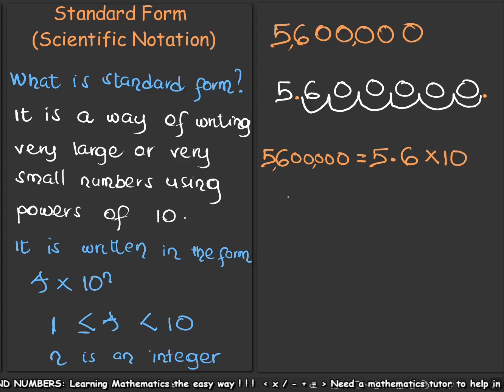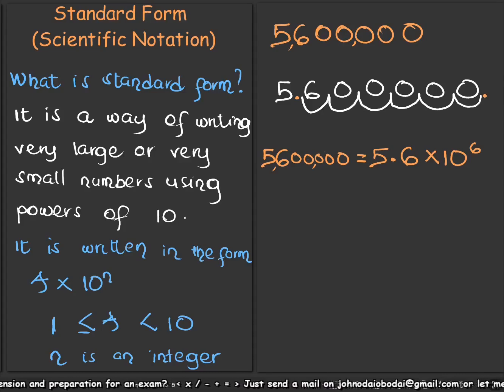It was originally a large number that we decreased, so the 6 movements we did will come here as to the power 6. You get it? So anytime it was a large number and you changed it into standard form, your power of 10 is going to be what? A positive number.